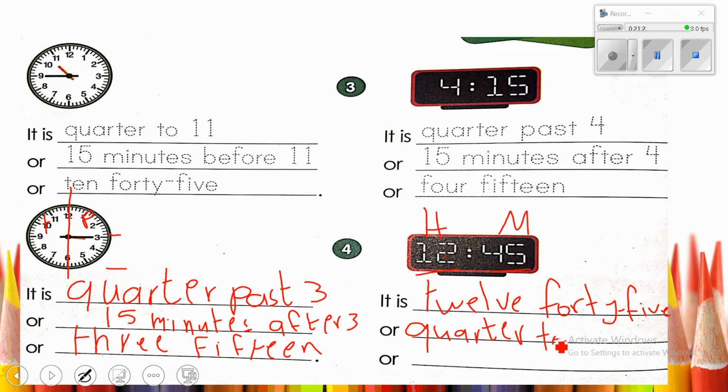Now, what's the special thing for quarter to? The same hour or the next hour? Perfect, the next hour. What's the hour after 12? Perfect, quarter to 1. Or I can say it's a quarter before 1. Sure, I know it's too much information inside your brain, but with practicing, you can do it.